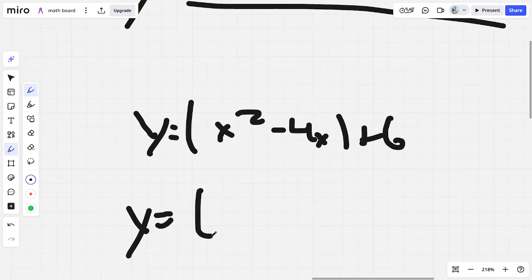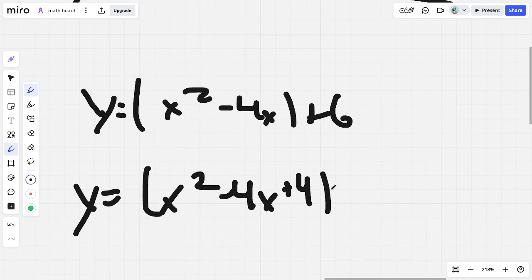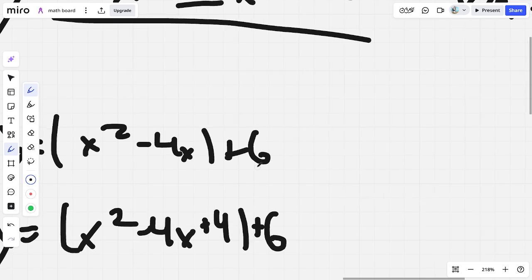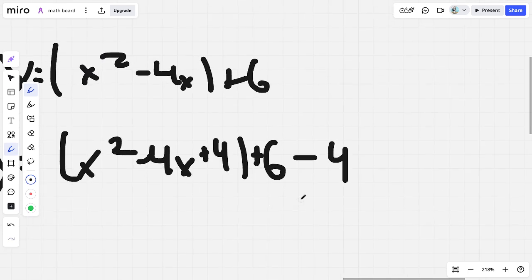So y equals x squared minus 4x plus 4 plus 6. And here we subtract 4, because remember, 4 minus 4 is 0.